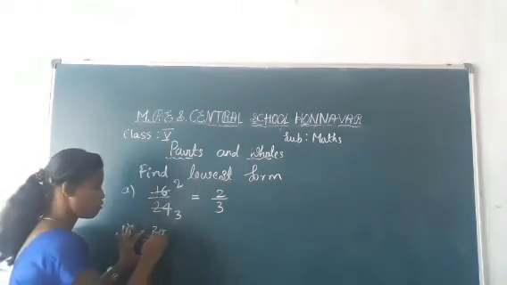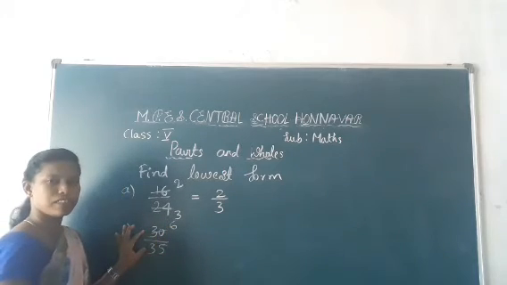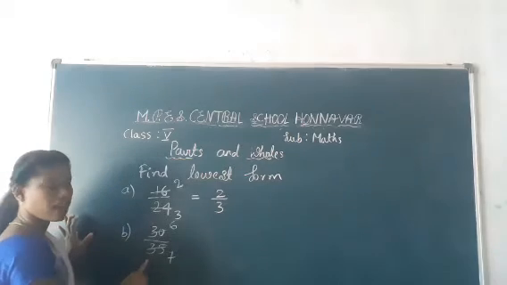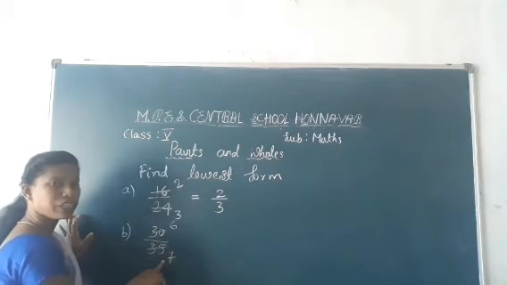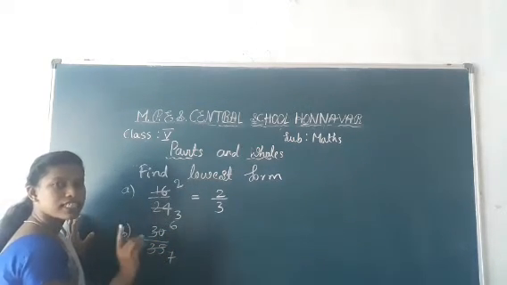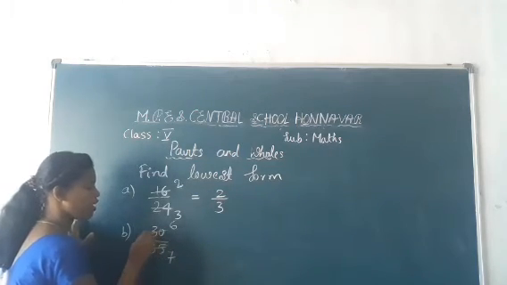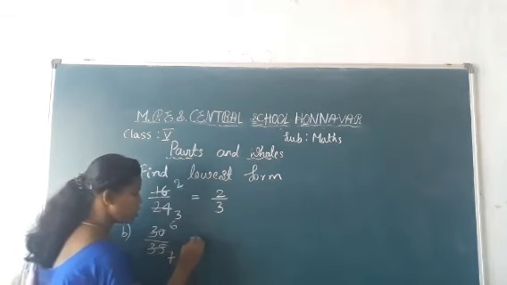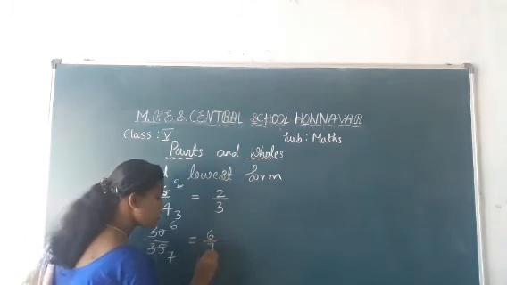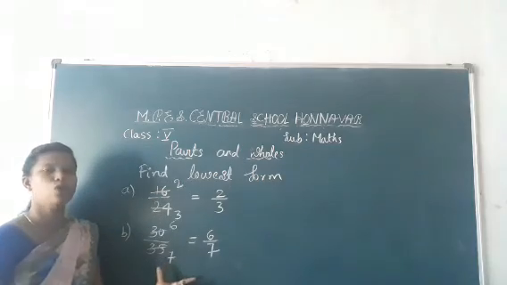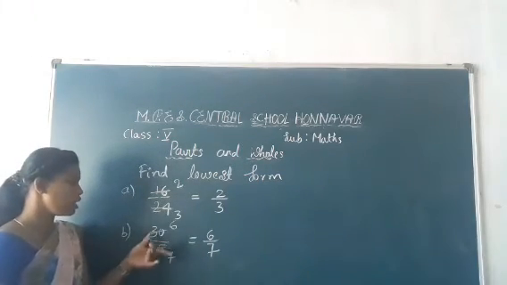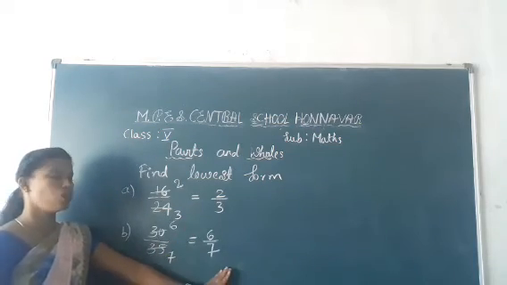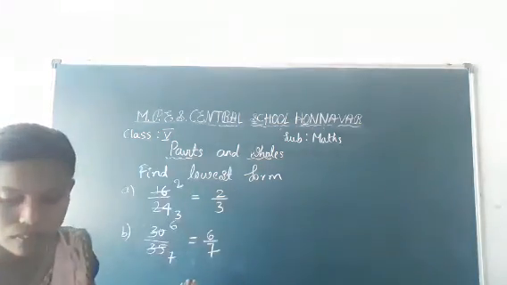See here, 5 6s are 30, 5 7s are 35. The numerator and denominator are divisible by the same number, that is 5. So 6 by 7 is the lowest form of 30 by 35. Like this way we find out the lowest form.